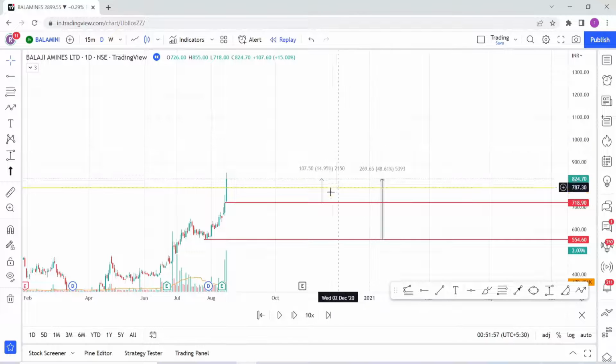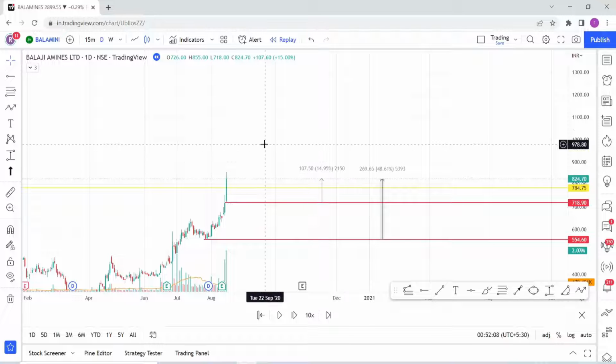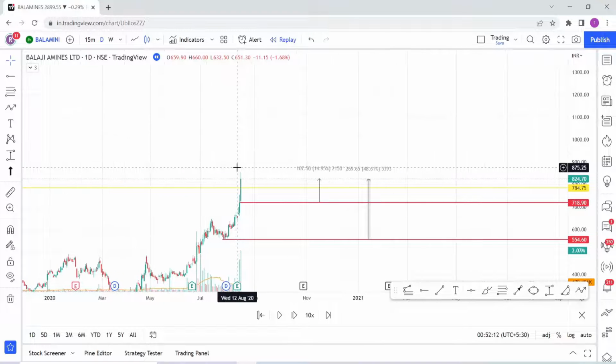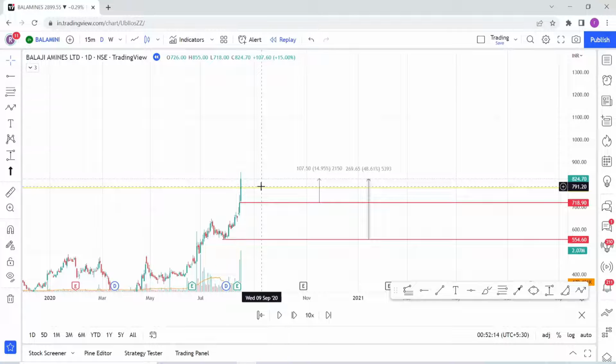Still it is high. So what we can do is 50% of allocation here. Assume that your capital is 1 lakh, so you can start with 50,000 here. Definitely this is a multi-year breakout, as the previous high was in 2018. So there is a good chance that it will retrace to the breakout zone. When it comes here, we can add more.